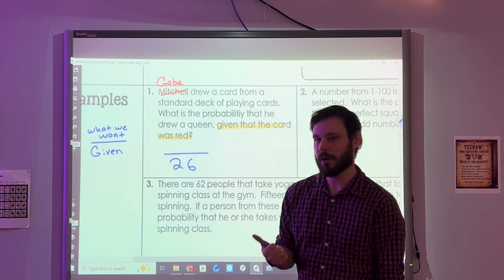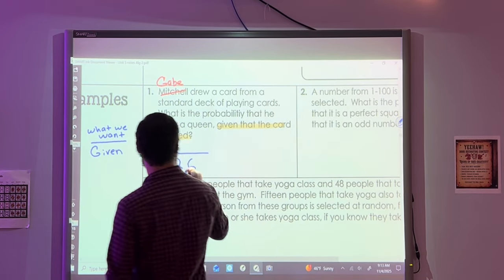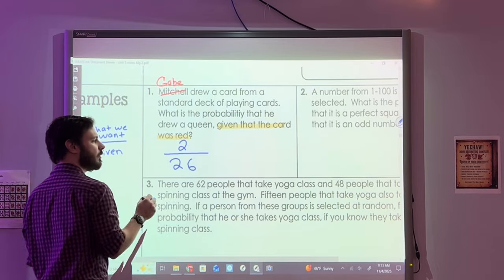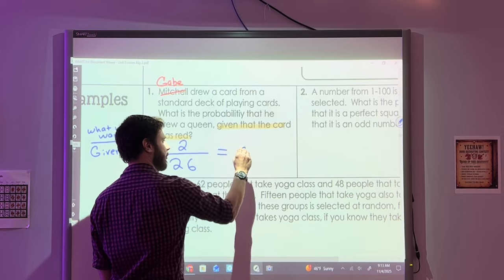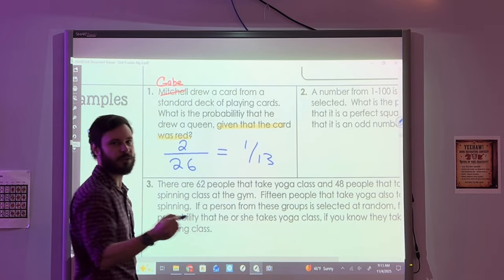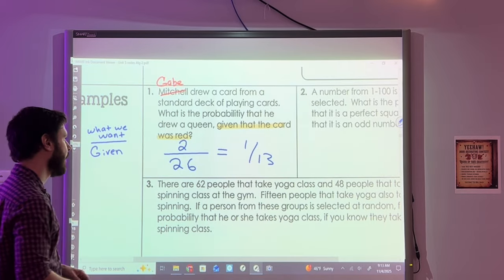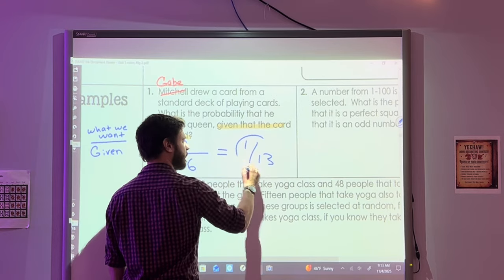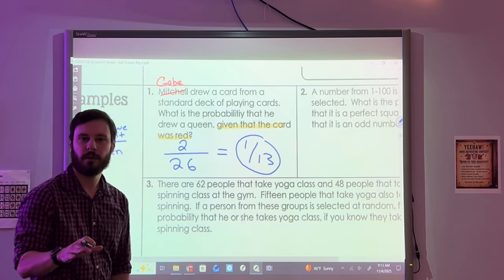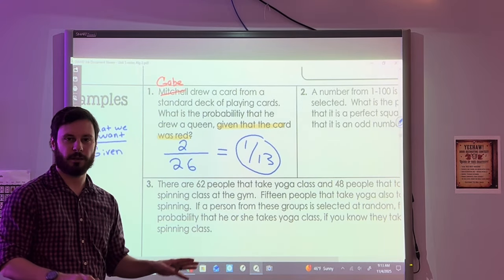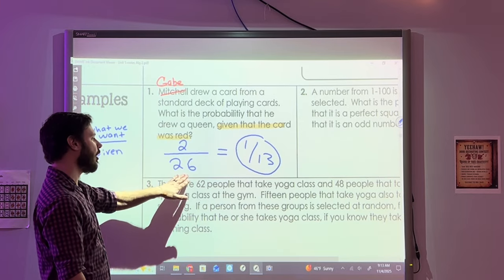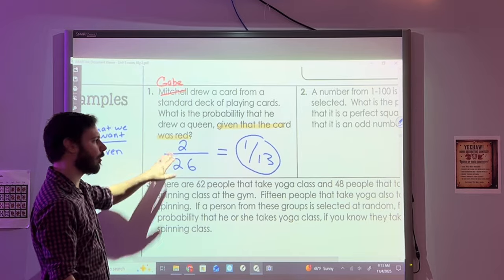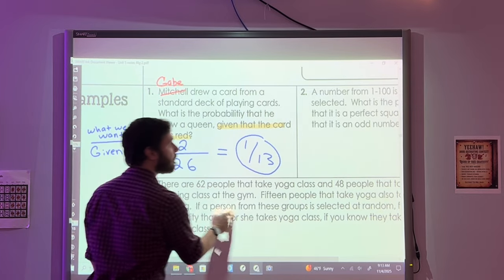You have the queen of hearts and the queen of diamonds. That's 2. Two of the red cards are queens. So we reduce, because we always reduce, always. And that is our answer. We didn't need a formula. We didn't need to make it more complicated than that. The given, the sample space, is the denominator. And of these given, how many are what we want on the top?